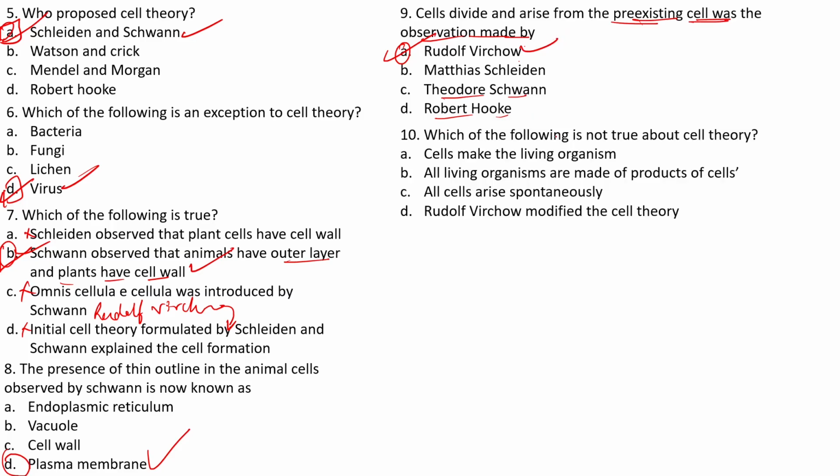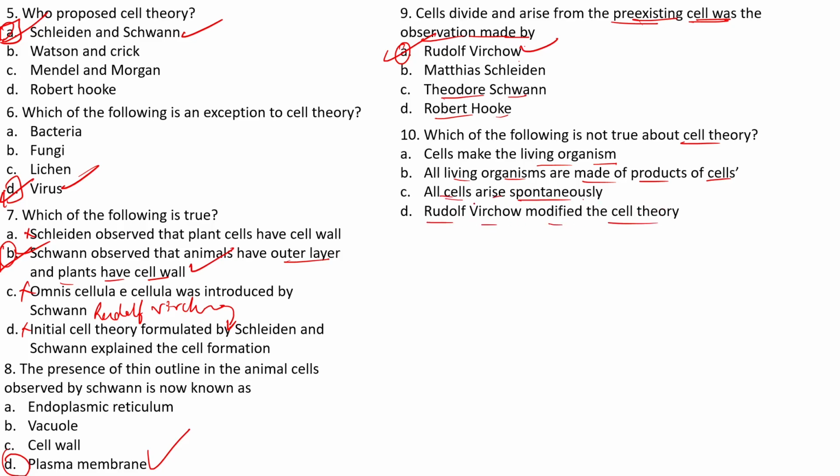Now, which of the following is not true about the cell theory? Cells make the living organism. All living organisms are made up of products of cells. All cells arise spontaneously. Rudolph Virchow modified the cell theory.